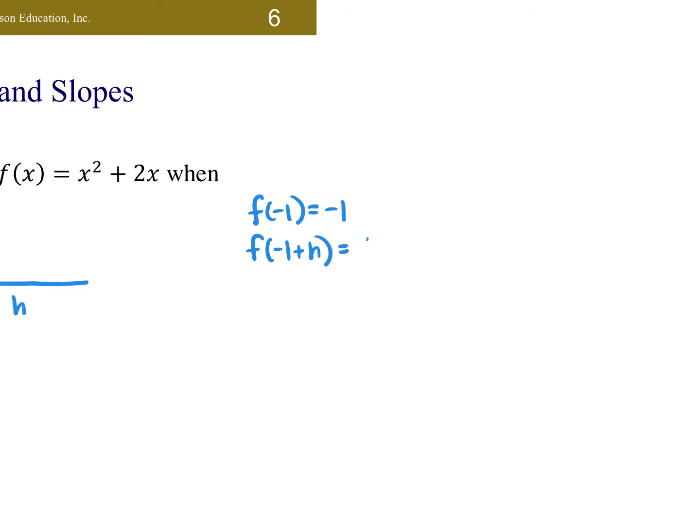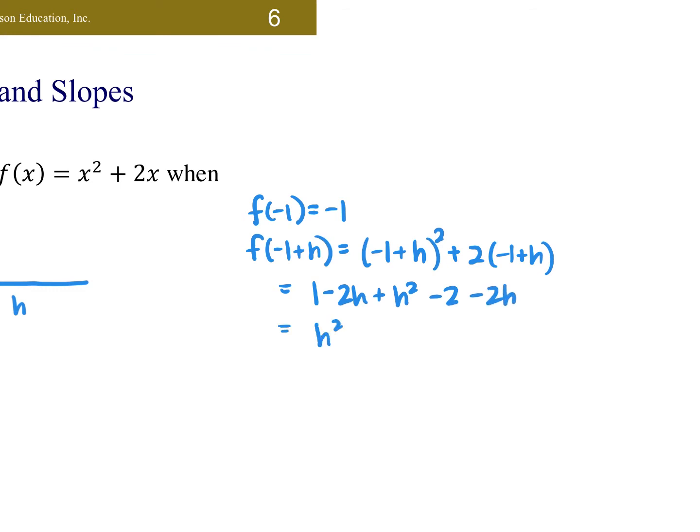So negative 1 plus h would be negative 1 plus h quantity squared plus 2 times negative 1 plus h, and we work that out. So I'll get 1 minus 2h plus h squared minus 2 minus 2h. So overall I have h squared minus 4h minus 1.